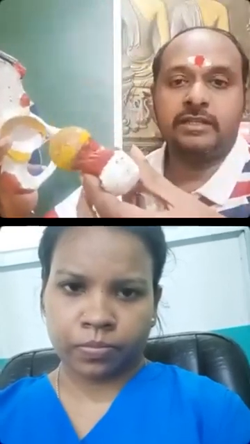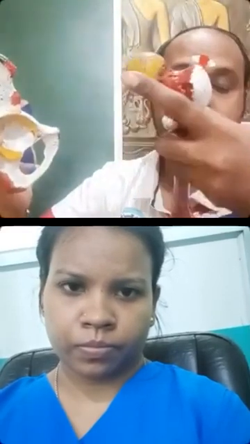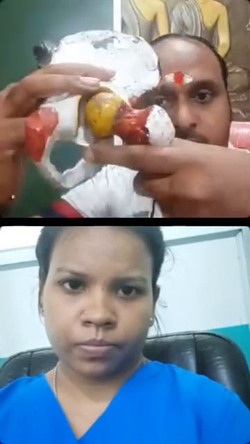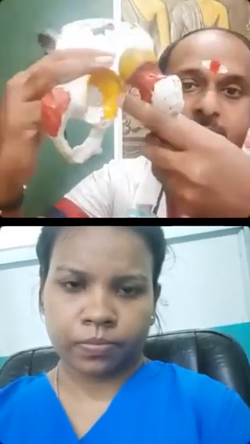In the same way, retroversion means the femoral head is more posterior, so this is the lesser trochanter, posterior. In this scenario, to keep the femoral head inside the acetabulum, it will externally rotate.